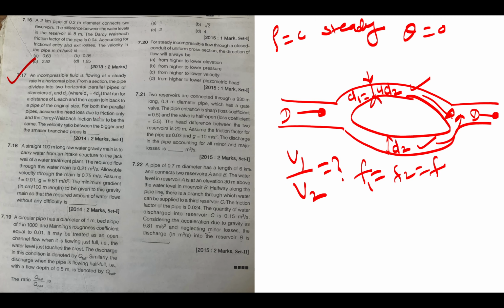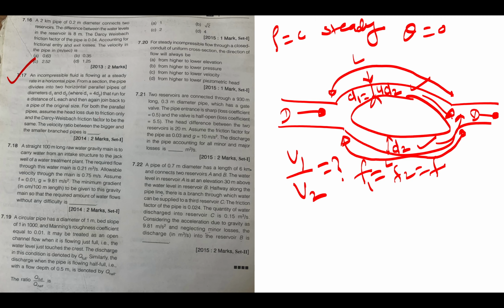But one thing is very important: the length is the same. Here the length is L, and this length is L. Both sides have length L. Water is traveling the same length.